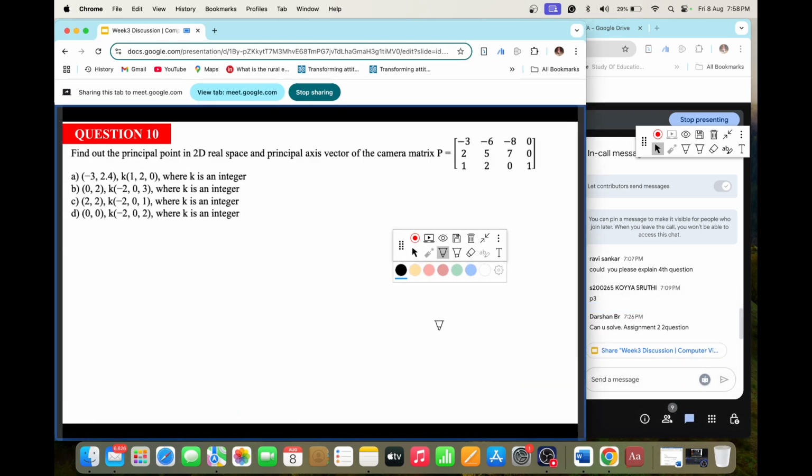Now let's move on to the next question, that is, find out the principal point in the 2D real space. Okay, 2D real space, please understand this. And the principal axis vector of the camera matrix P. Okay, this is the P matrix. So these are option A, option B, option C, and option D. Can anyone tell at least what will be the principal axis vector?